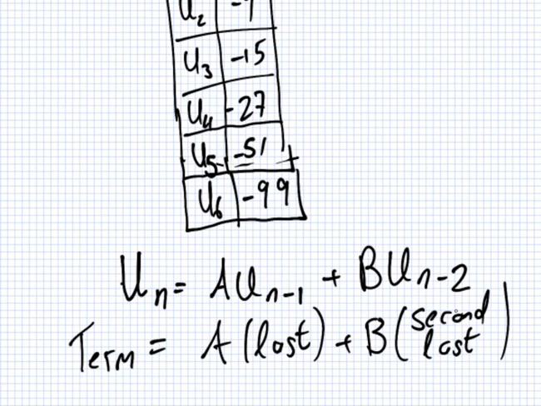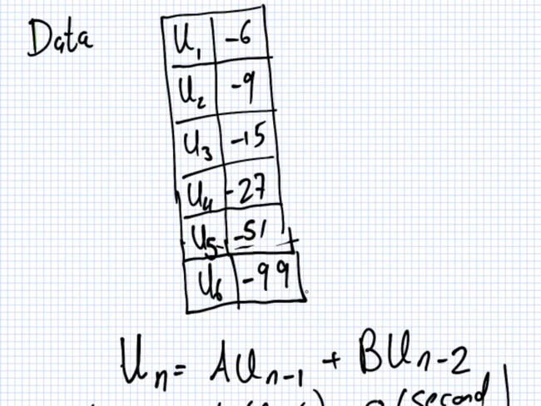So what's the name of this type of sequence? Recursive, of course, yeah. So we can use this fact to find the A and the B, because we can say that, for example here, this minus 15 is equal to A times, now what's the last term?